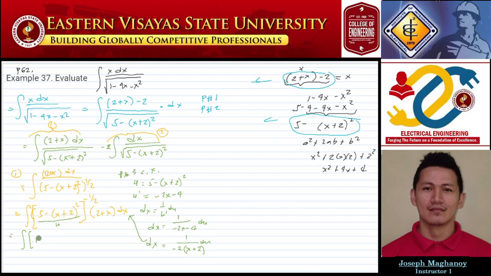So that becomes our u, including the power, raised to negative 1/2. The remaining is 2 plus x. Then we can replace dx now with our correction factor: 1 all over negative 2 quantity x plus 2 du.